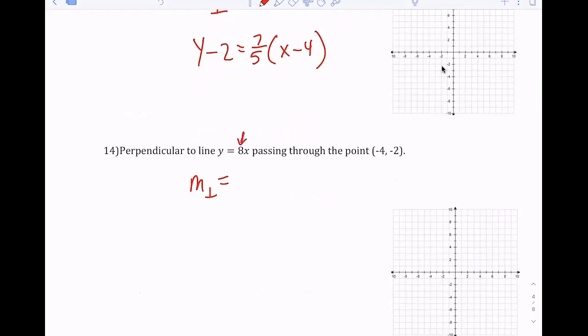It's 8, not an x. We never say x with slope. So it's 8, but specifically I want you to say 8 over 1. So what's the slope of the perpendicular going to be? Good. -1/8. That's the slope of the perpendicular.